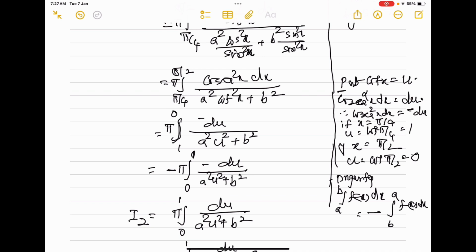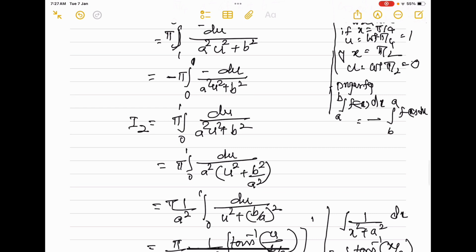So negative pi into integral 0 to 1 negative du divided by a square u square plus b square. So I2 equal to negative into negative, positive, pi into integral 0 to 1 du by a square u square plus b square.